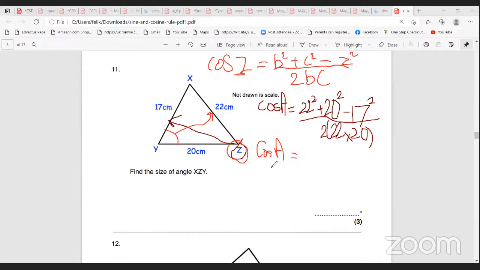Miss, I got 595. Now divide, open bracket, 2 times 22 times 20, close bracket. Miss, I got 0.676. Okay.